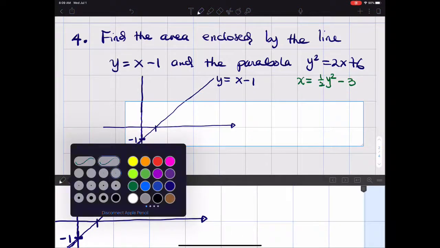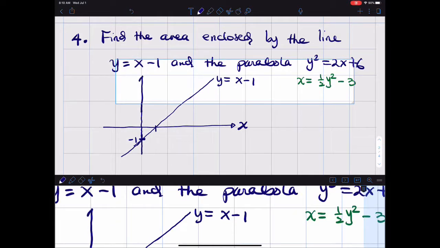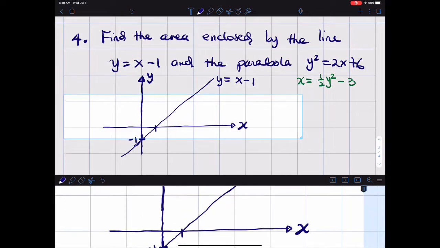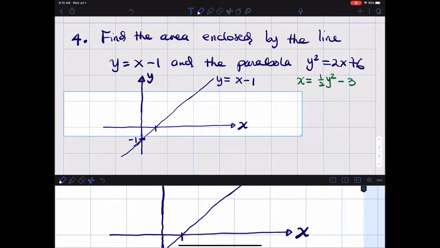Because if you treat the x-axis as your vertical axis and the y-axis as your horizontal axis, you end up with a parabola. So this is just a parabola that is a little wider, but then you move it 3 units.